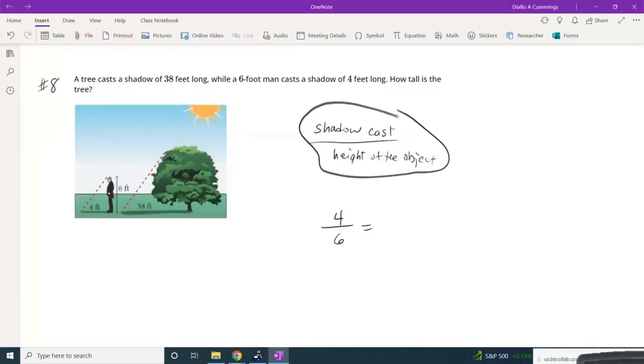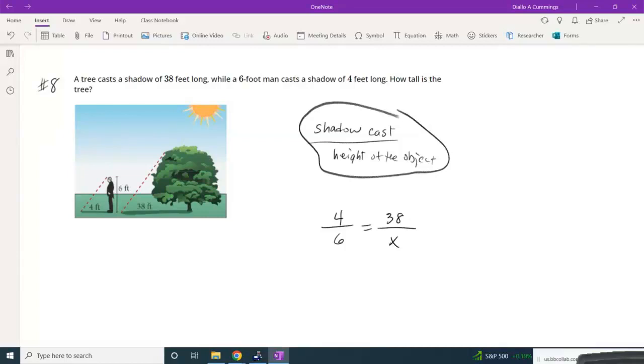If we take a look at the tree, the length of the shadow that the tree casts is 38. So notice in my numerator, I'm only putting the length of the shadow cast by the object. In the denominator, I'm only putting the height of the object. We don't know the height of the tree, so that's going to be our variable x.